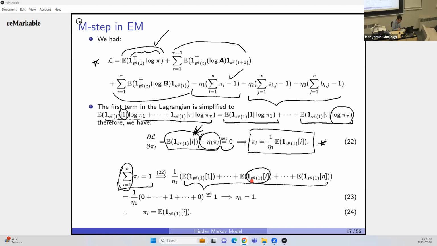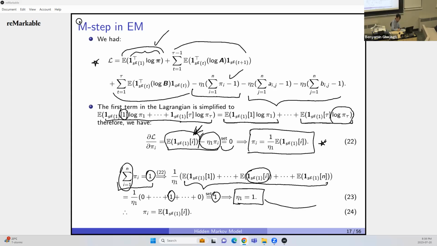It means that only the SG1th element will be 1 and the rest will be 0. Therefore, it will be 1 over eta 1, and it should be equal to 1, right? Therefore, eta 1 is 1.